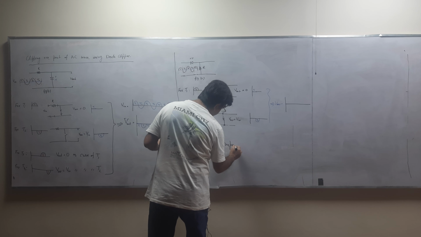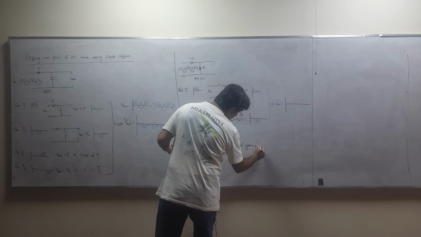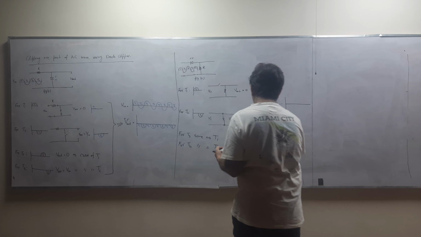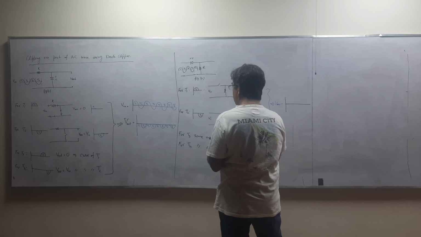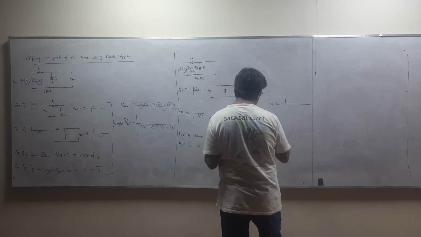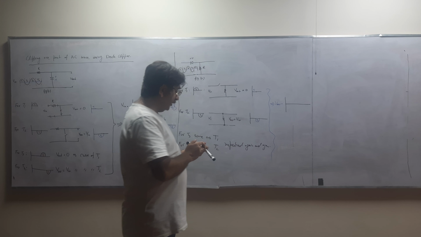Repeated. Considering all these steps, what will be the V out?